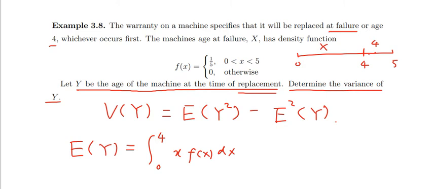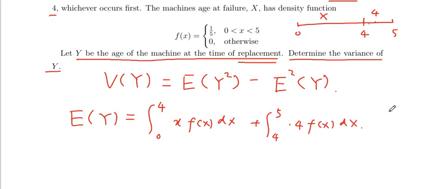If X is larger than 4, between 4 and 5, then Y equals 4. The f(x) is constant, 1 over 5, so such integration is really easy.